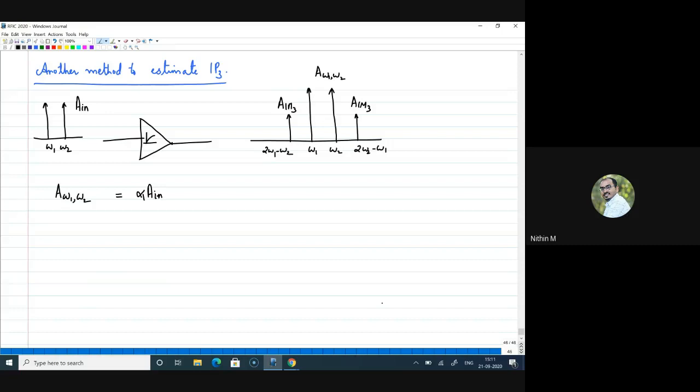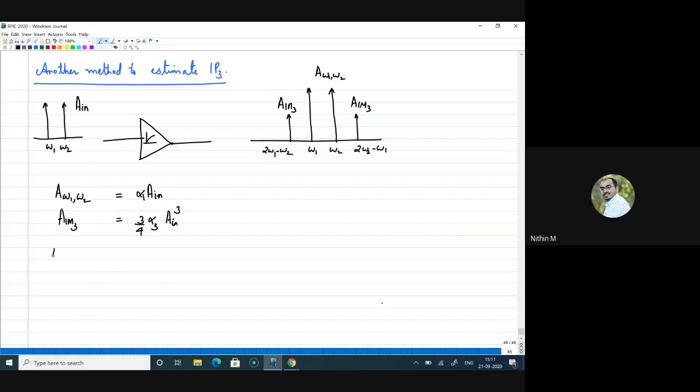And AIM3 at the output, since that is the intermodulation term, I can write as 3 by 4 alpha 3 into A in cube, right?